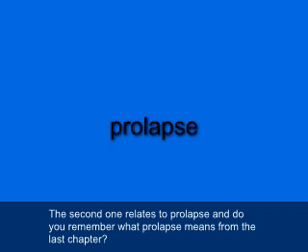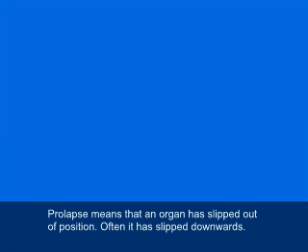And do you remember what prolapse means from the last chapter? Well, prolapse means that an organ has slipped out of position. Often it's slipped downwards. And the suffix that means prolapse is ptosis, hyphen PTOSIS.